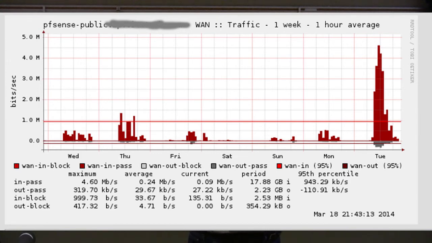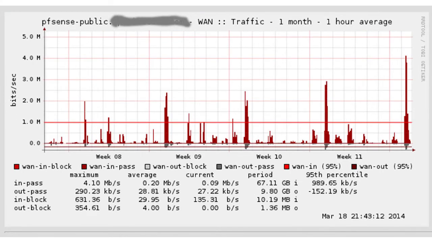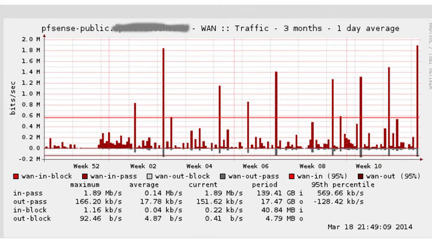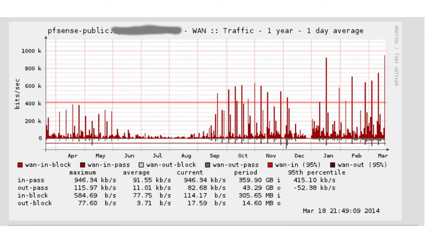You can see that the average is about 3.5 to 5 meg at a time. And then if you look over time, you can see a monthly track, and then 3 months, and then finally there's a 1 year average. And you can see where in the summer we don't have our homeschool group there, and the traffic kind of flattens out.